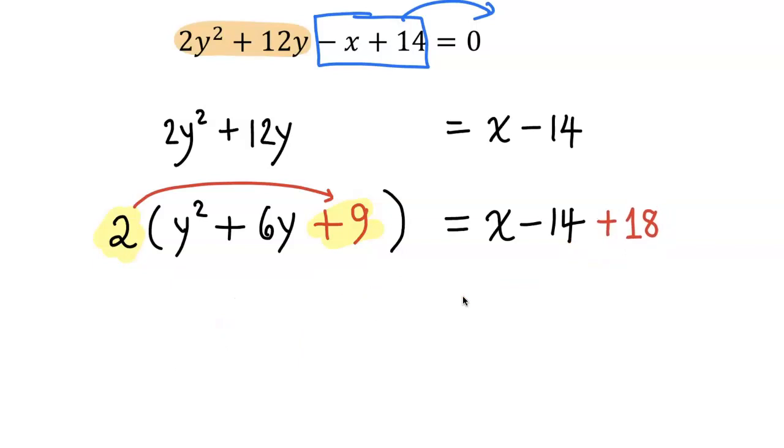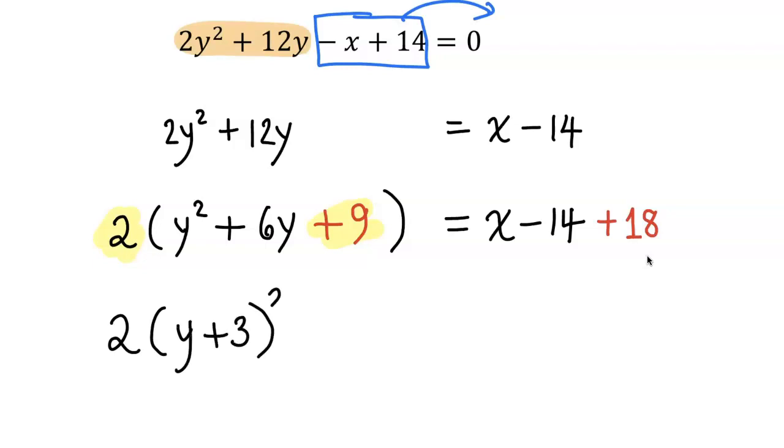It's a very common mistake that people will just add 9 to both sides, but no, we have to distribute that 2 times 9 to add 18 to both sides. So let's factor that trinomial. I'm going to get (y plus 3) squared, and all that equals what? x plus 4. Okay, we're almost done.